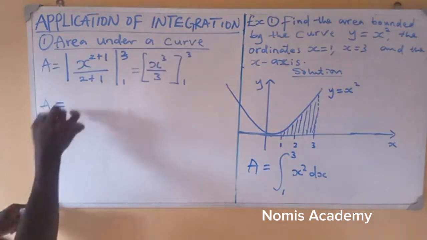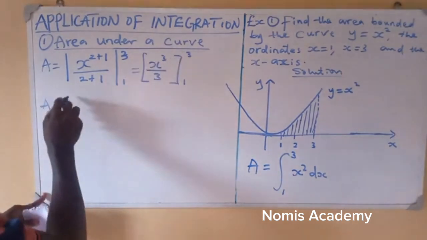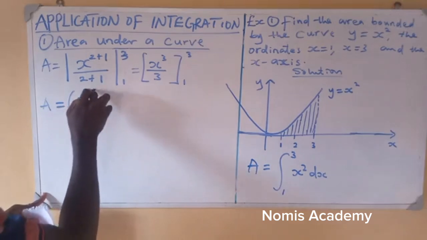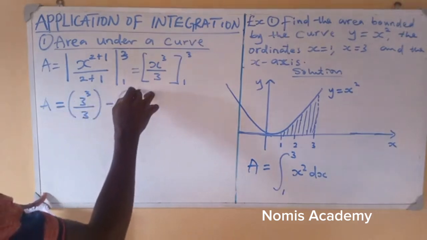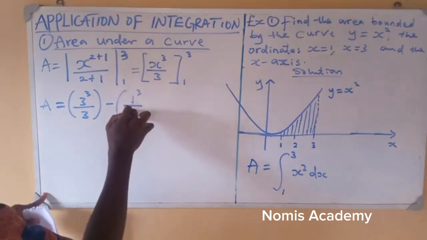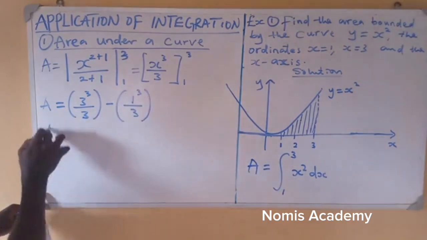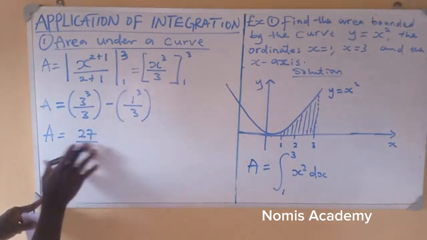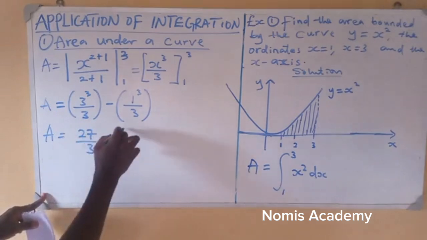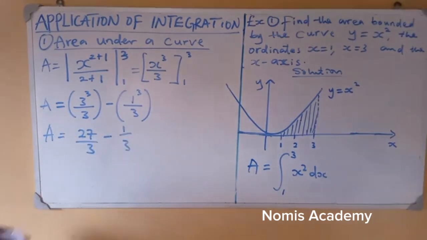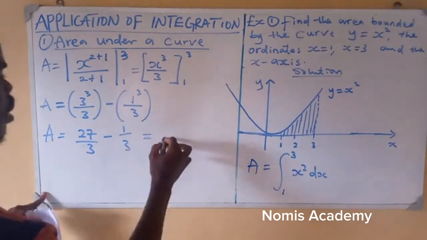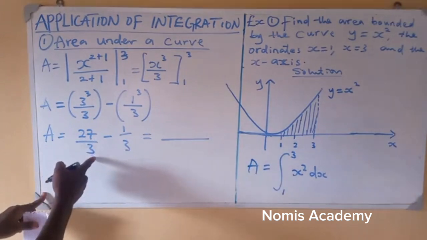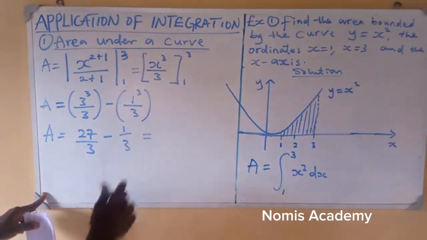So the area is equal to, we slot in the upper limit, and that is 3 raised to the power of 3 all over 3, minus 1 raised to the power of 3 all over 3. So the area is equal to 27 over 3 minus 1 over 3. First and foremost, 27 divided by 3 is 9.